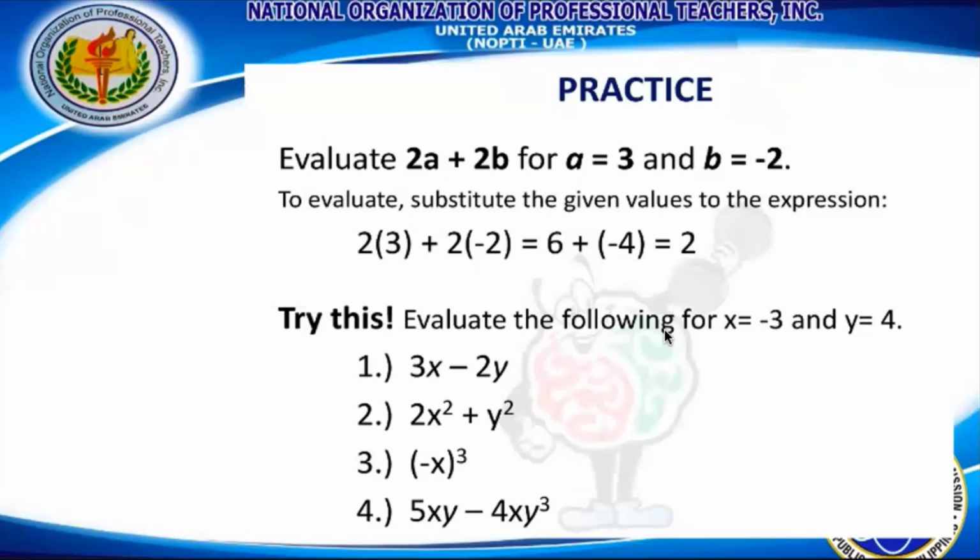Answer. O, 32 kayo lahat. Dapat nagpa-participate. Dapat nagsasagot. Answer is, yes, 34. Did you get the same?